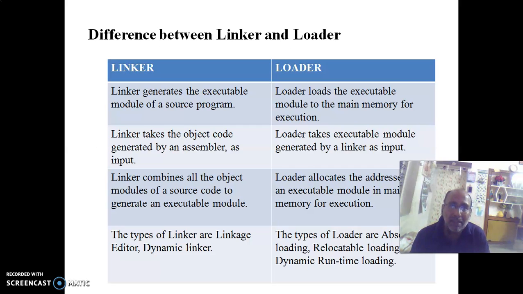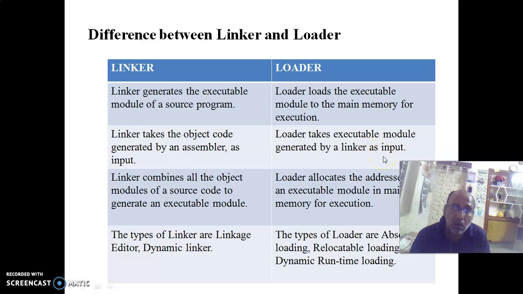The difference between the linker and loader: the linker generates the executable module of the source program. The loader loads the executable module to the main memory for execution. Linker takes the object code generated by an assembler as input. Loader takes the executable module generated by the linker as input.